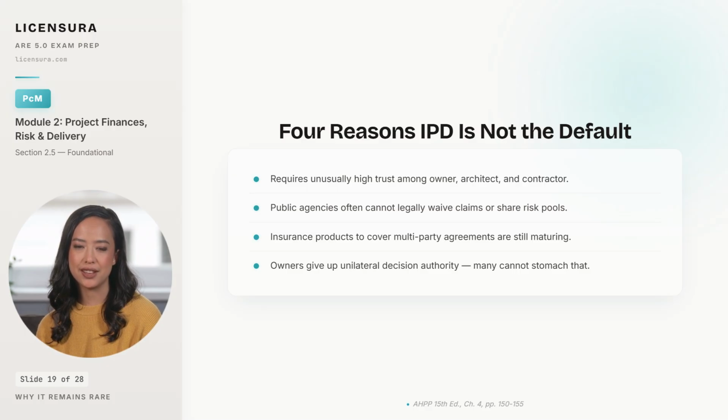And fourth, the owner has to give up unilateral decision authority, and a surprising number of sophisticated owners simply cannot stomach that trade. They would rather pay the premium of an adversarial structure than share decision rights with their contractor. Wrap up the structural picture, and you have a delivery method that the exam treats as the gold standard of collaboration, even though the market still treats it as the exception.